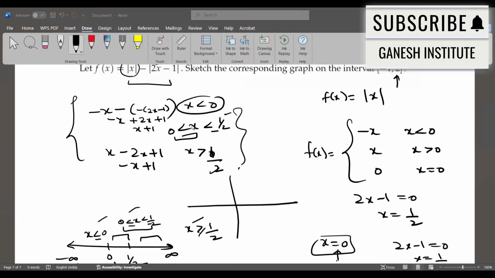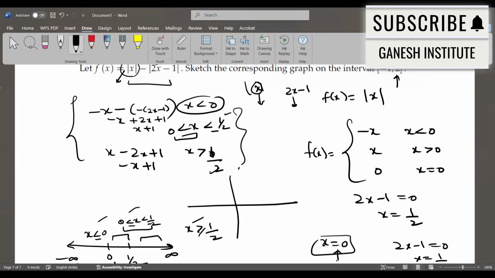Assume any number. Which will give me a negative answer? x will give me positive. I'm not talking about absolute value. Just forget about absolute value. Consider the inside function, x. And here it is 2x minus 1.